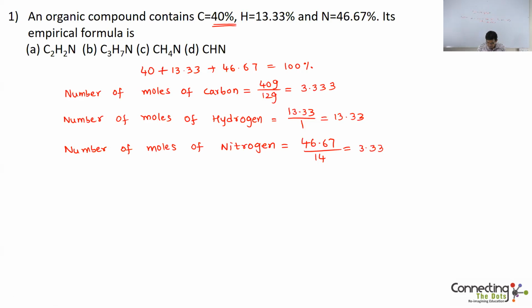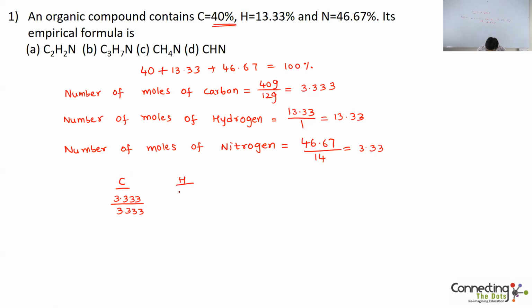Now let us find out the simplest whole number ratio. How to do that? You just divide by whichever is the smallest number from the given values. So here we have 3.33, 13.33, and 3.33. So 3.33 will be the smallest number. Divide every value by the smallest number. That will give you the simplest whole number ratio. For carbon, it will be 3.33 by 3.33.